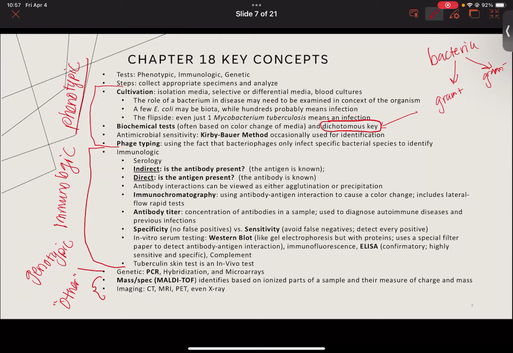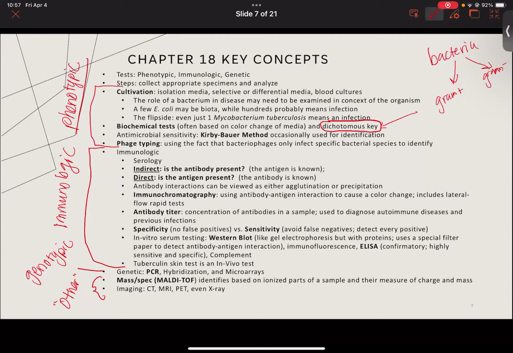That's the idea of that. So we learned about the Kirby-Bauer method previously, but the fact that you have a really big zone of inhibition around ampicillin, if you are Staphylococcus aureus, but it might be smaller if you are Streptococcus pyogenes, that can be used for identifying organisms from one another.